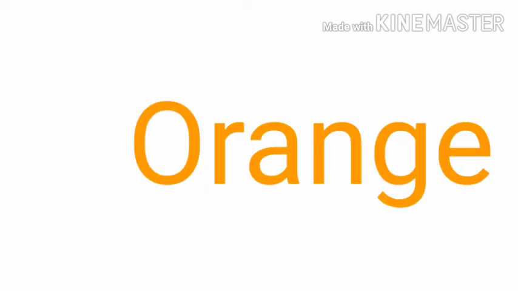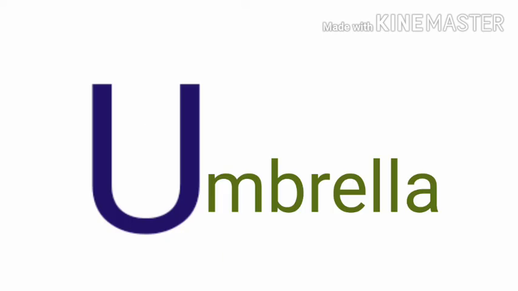Now let's look at the word orange. When you write the spelling, it spells O-R-A-N-G-E. It begins with the letter O, and you read it as orange. So the letter O sounds as O. Now look at the word umbrella.